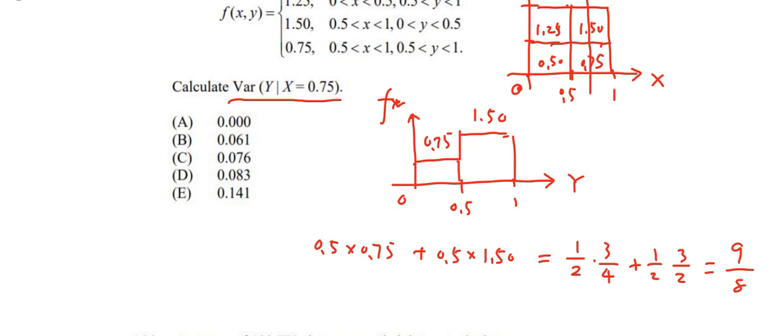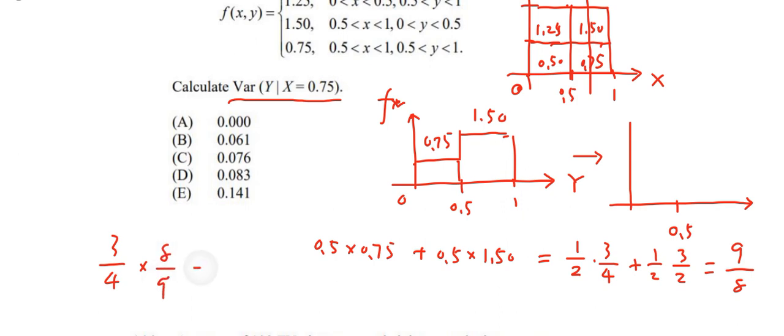So we can change this to this. From 0 to 0.5, the 0.75 is 3 over 4, so we multiply by 8 over 9, divided by 9 over 8. This equals 2 over 3.